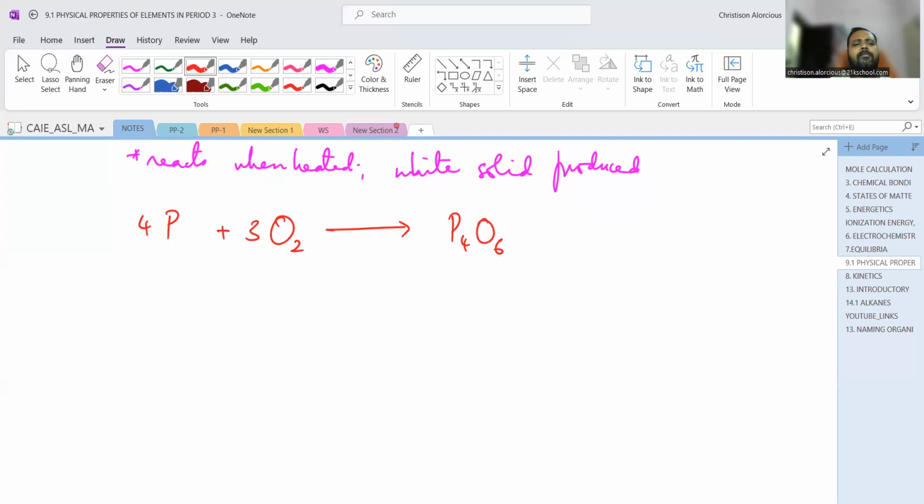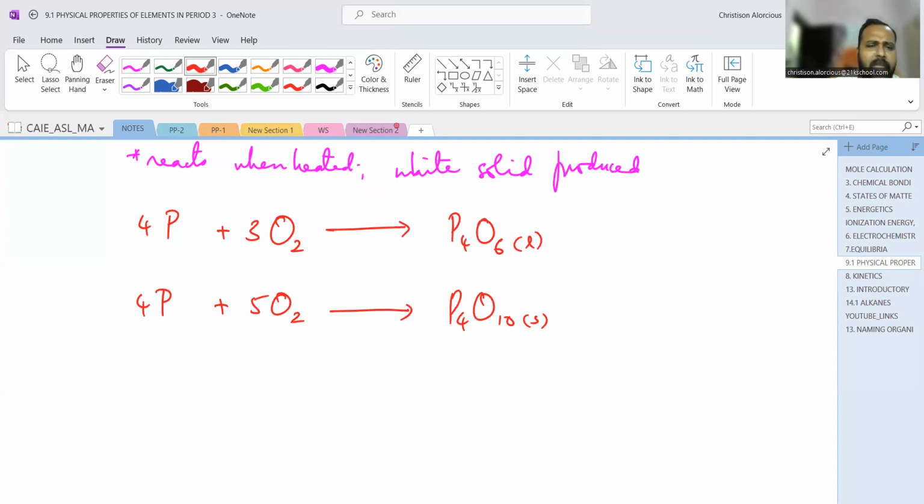Then there is phosphorus 5 oxide, or phosphorus pentoxide, which has the formula P4O10. Phosphorus 3 oxide is a liquid at room temperature. Phosphorus 5 oxide is a solid at room temperature.